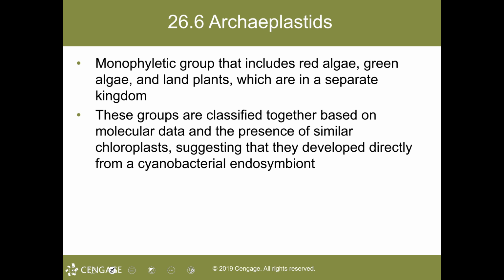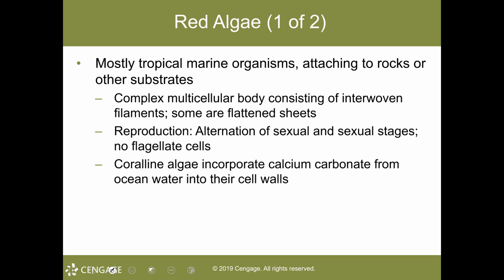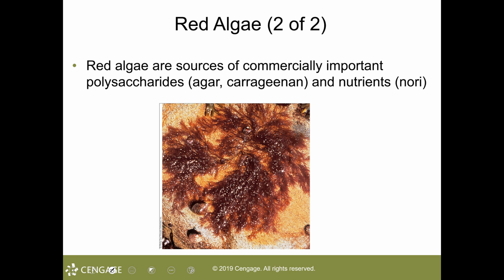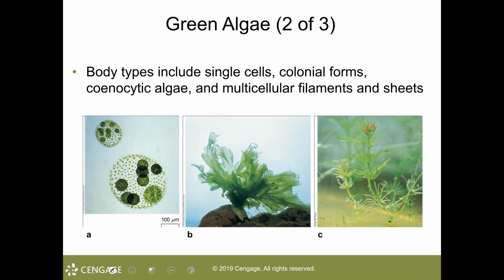Next up, class, are the archaeplastids. The archaeplastids include red algae, green algae, and of course, what's not included here, the land plants. At any rate, class, these are the red algae, and as you're seeing here, going through photosynthesis. They're a commercially important class for agar, which is used to culture bacteria, and even nutrients.